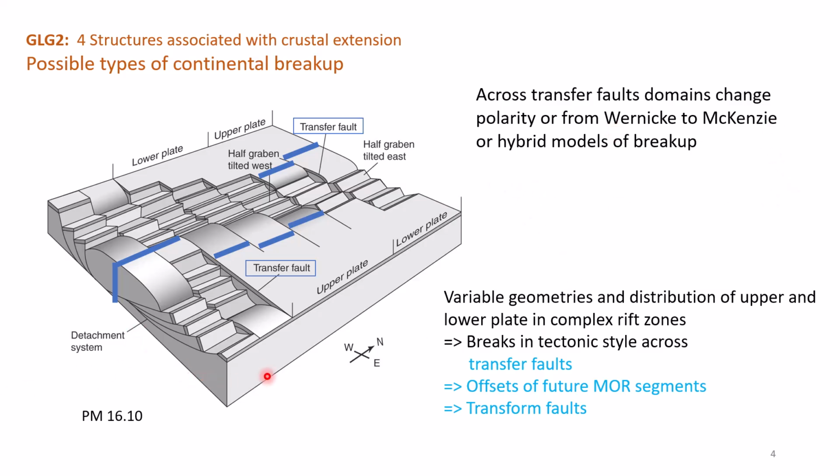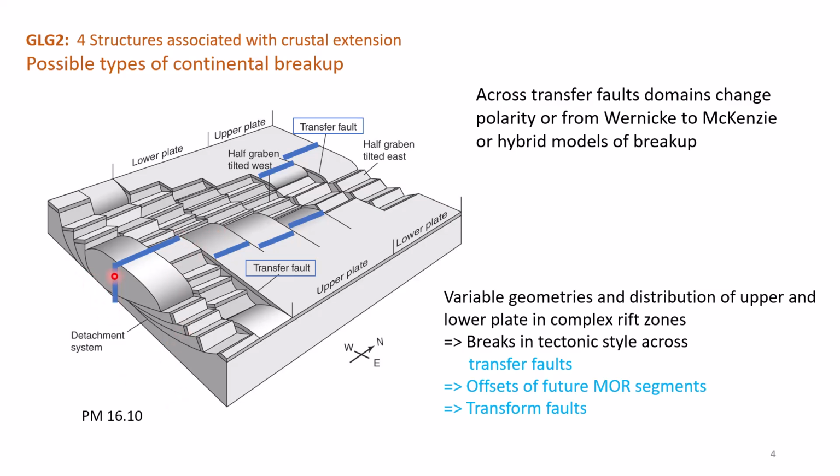And wherever segments of the rift are bordering segments that follow another mode of continental breakup, we require transfer faults that accommodate the different types of strain on either side of the boundary between these segments.